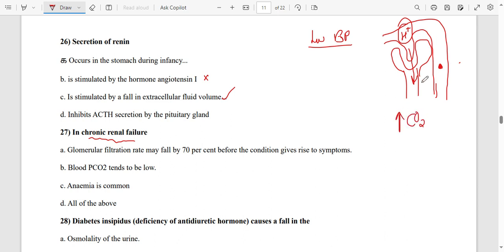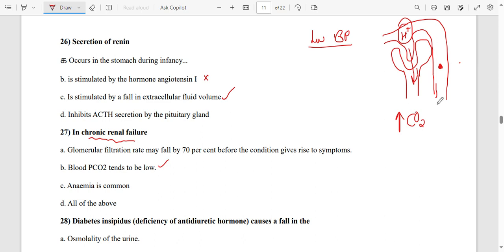So blood carbon dioxide is going to be low, because if carbon dioxide is more in blood, it will cause more hydrogens, and that is what you don't want. So because of that, you have more carbon dioxide being excreted. What is that going to cause?